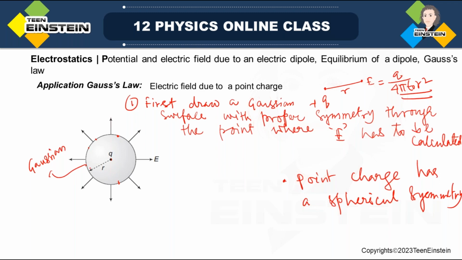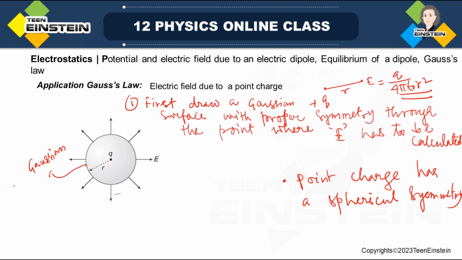If I connect all these points, I get a spherical surface. That's why it has spherical symmetry. So I have drawn the Gaussian surface as a spherical surface. You can see the Gaussian surface is now a sphere, a surface of a sphere of radius r.